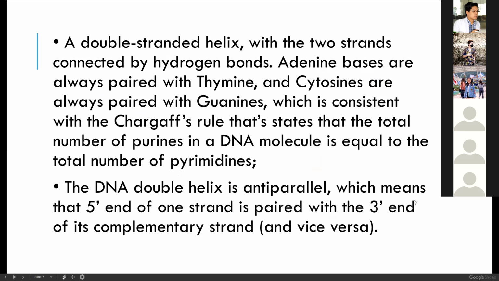The second feature which Crick and Watson proposed is that the DNA helix is anti-parallel, which means that the 5' end of one strand is paired with the 3' end of the complementary strand, or vice versa.